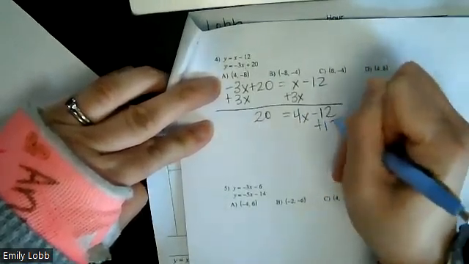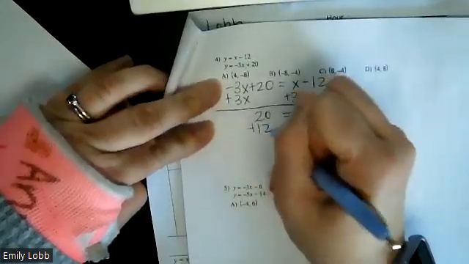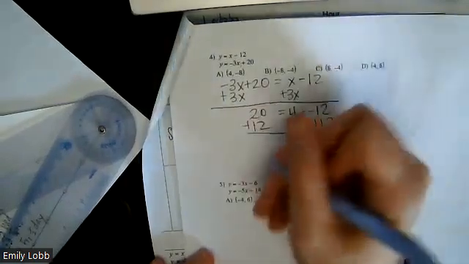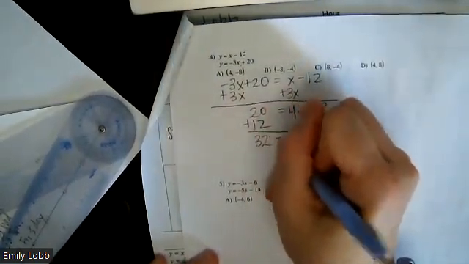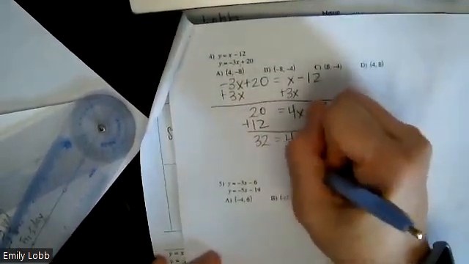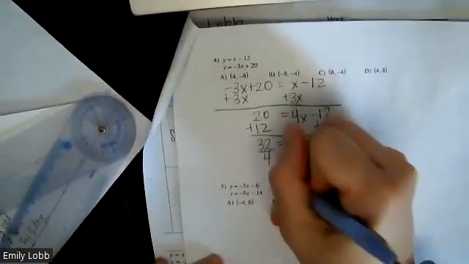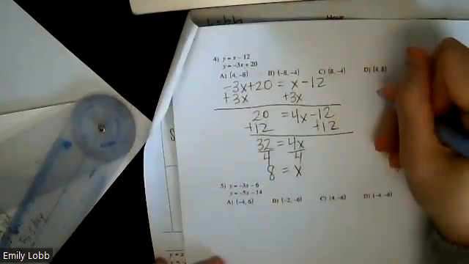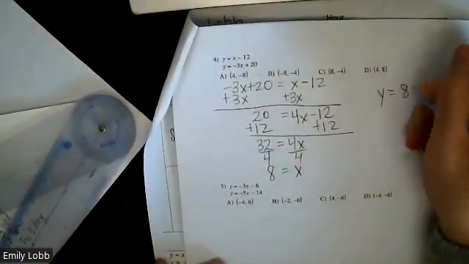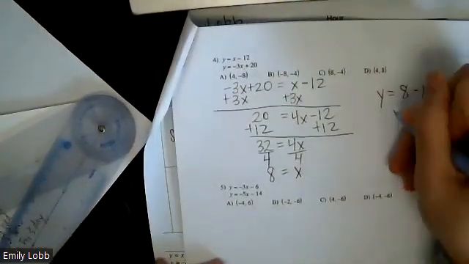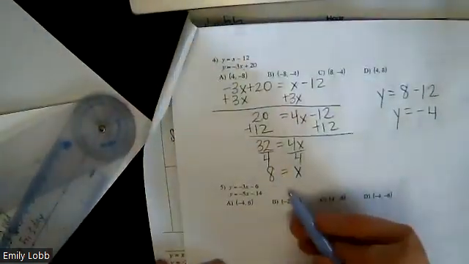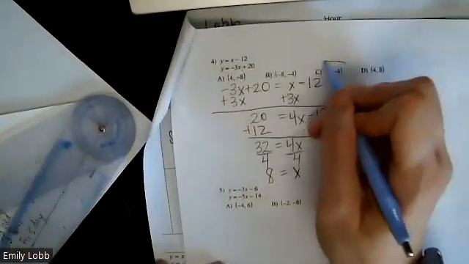When I add 12 to both sides, I'm left with 32 equals 4x. Divide by the coefficient, so you end up with 8 equals x, which means if I look at the top equation, 8 minus 12 gives me y, which is negative 4. So the point 8, negative 4 is right here.